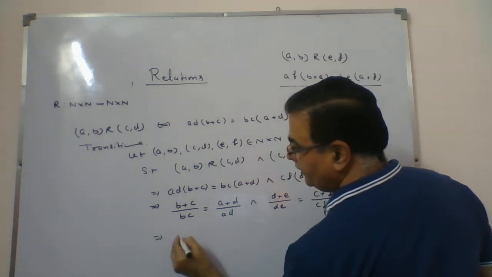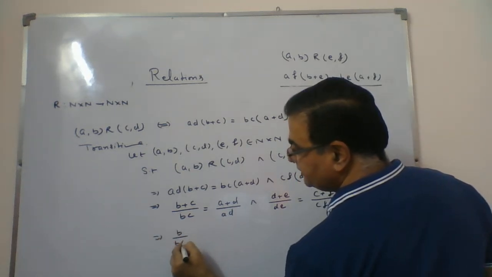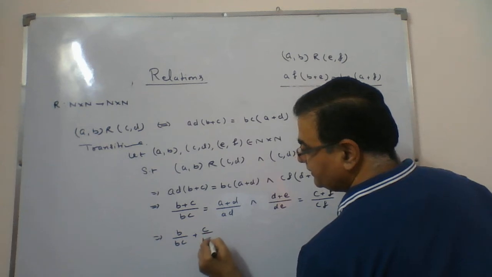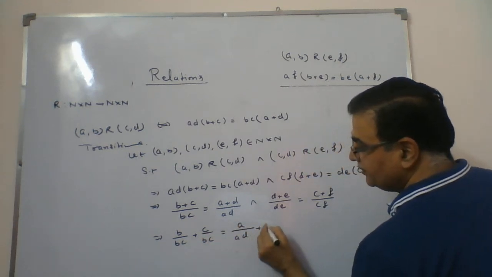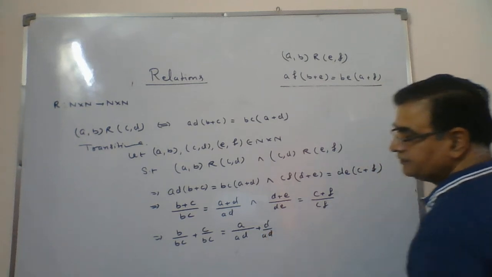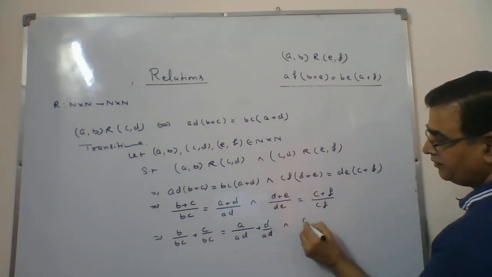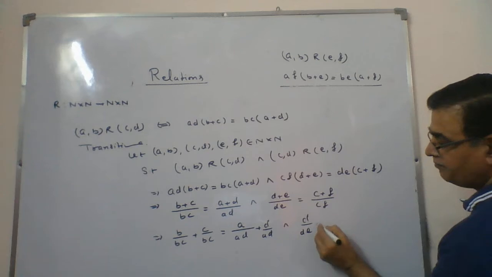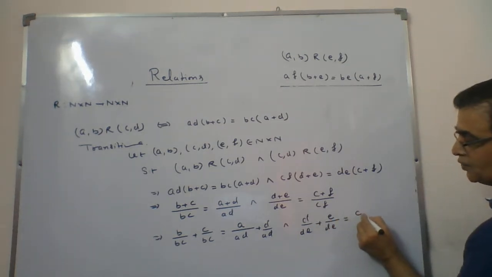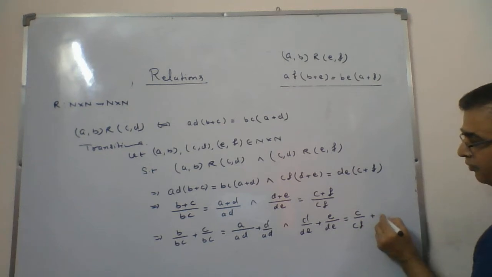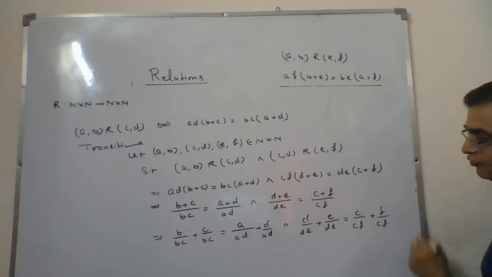And when you solve it, it will come B by BC plus C by BC comes out to be A by AD plus D by AD. And at the same time D by DE plus E by DE equal to C by CF plus F by CF.